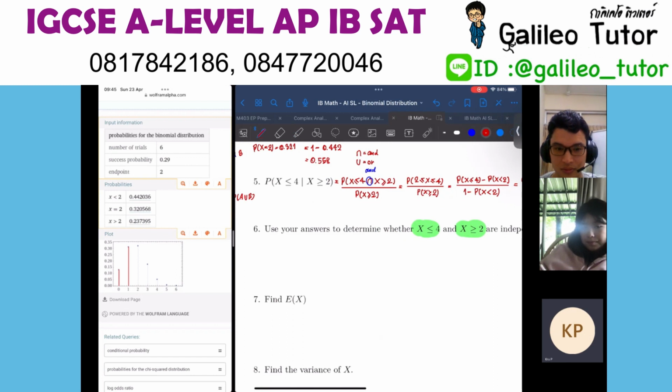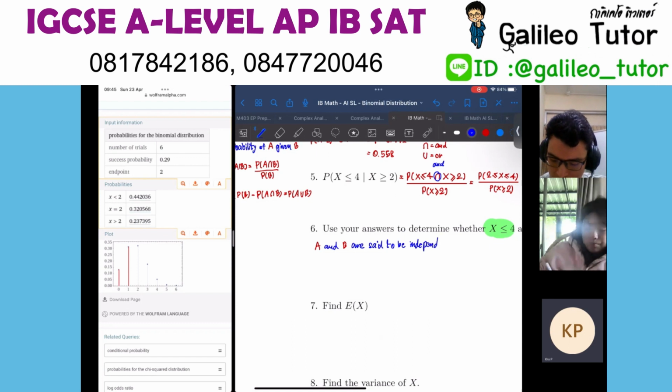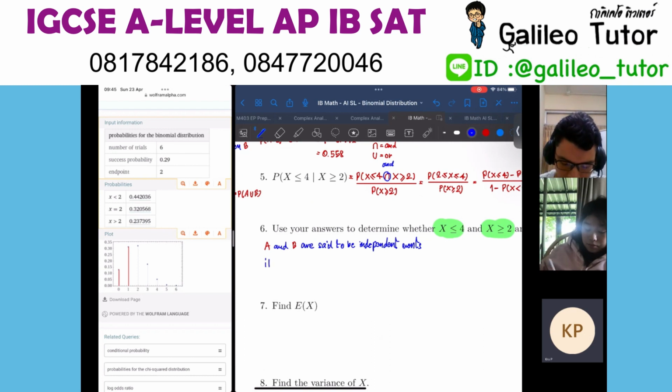Events A and B are said to be independent events if and only if the probability of A intersect B equals the probability of A times the probability of B.